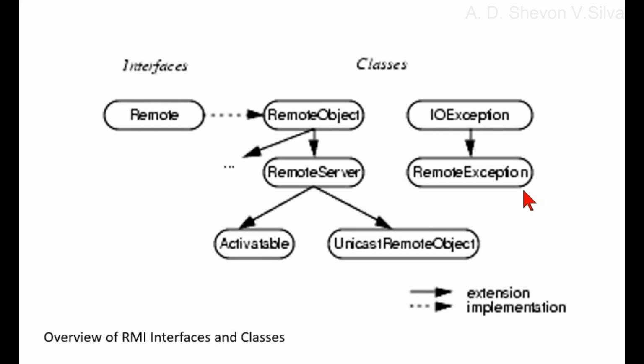To ensure the robustness of applications using the RMI system, each remote method declared in a remote interface must specify java.rmi.RemoteException or one of its superclasses such as java.io.IOException or java.lang.Exception in its throws clause. The exception java.rmi.RemoteException is thrown when a remote method invocation fails for some reason.